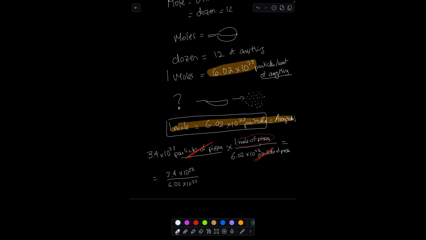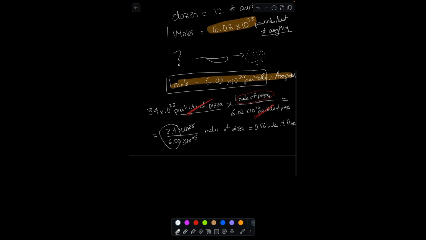And I would be left with moles of pizza. Now, these two would cancel out. I would just kind of divide those two, and I would end up with the happy number of 0.56 moles of pizza.